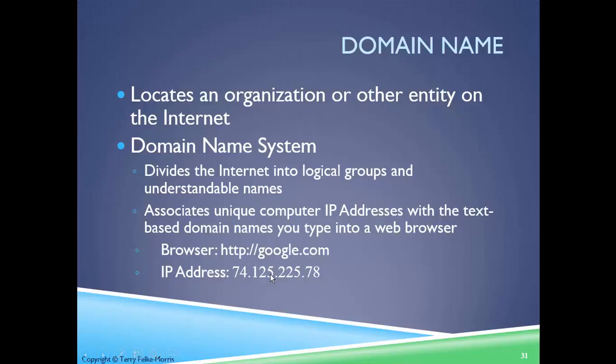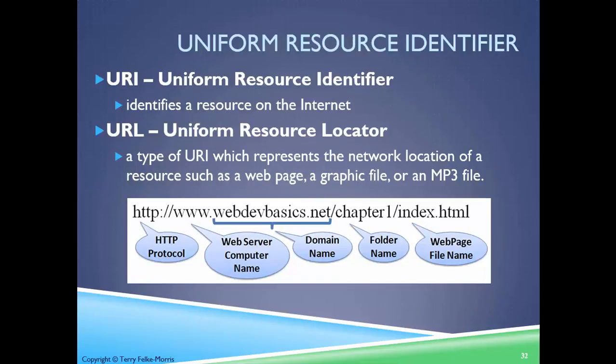In other words, the domain name system has got to associate what you keyed in there, that text-based domain name, with a unique computer IP address for a web server that's connected to Rankin.